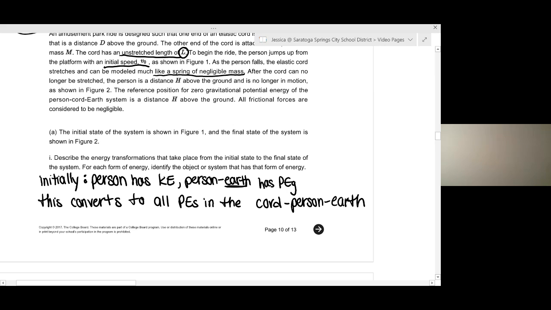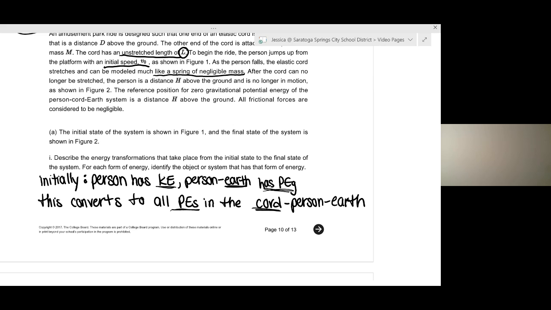So since we were talking about kinetic energy and gravitational potential energy initially, in order to get rid of those, they still have to be in our system because we have to be able to say that those energies are zero. And then in order to have the spring potential energy, we have to include the cord within our system.